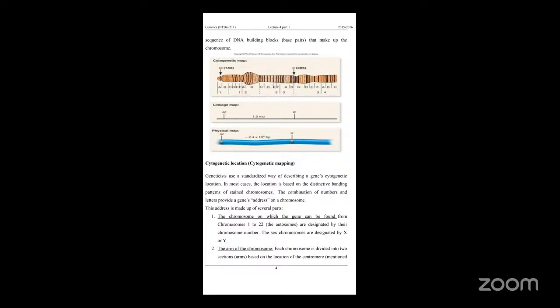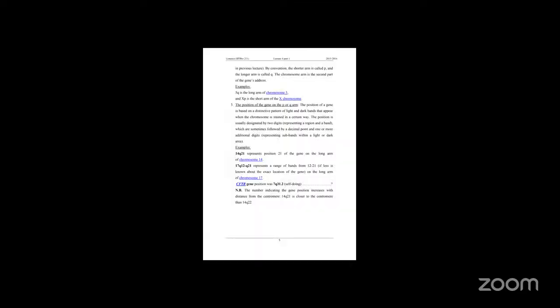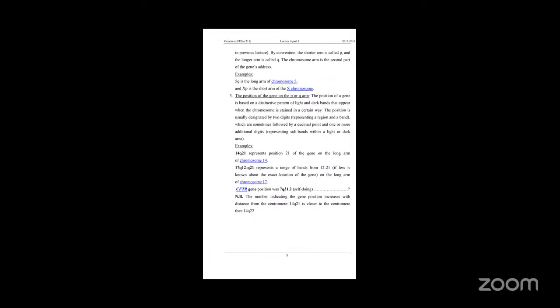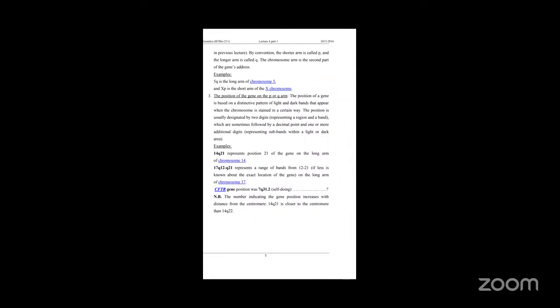There are two arms, a short arm and a long arm. The shorter arm is named small p, and the longer arm is named small q. So the chromosome arm is the second part of the gene's address.